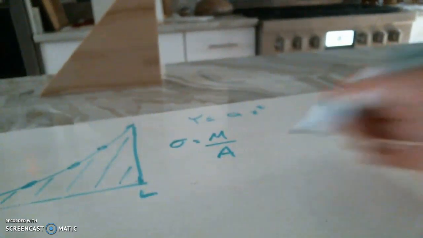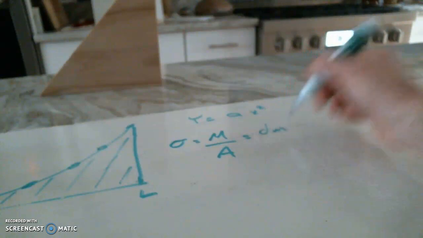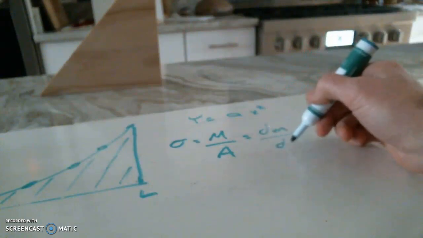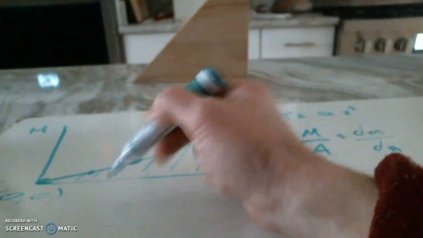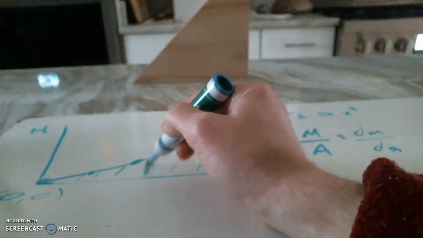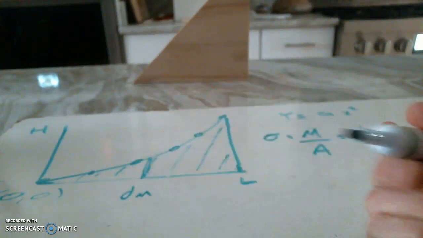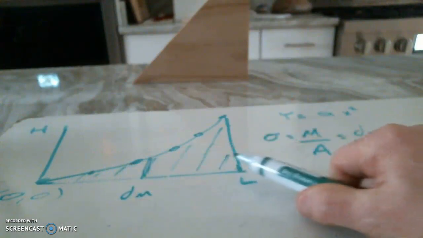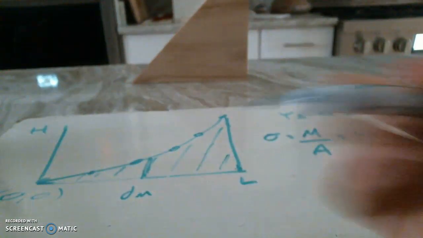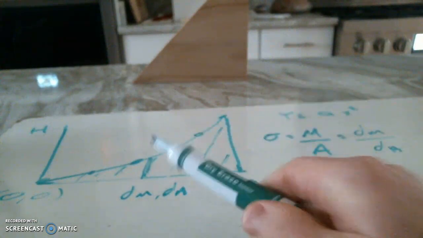Since it's a uniform density, what we will say is that is exactly the same thing as if I were to slice it into differential masses and differential amounts of area. So a differential mass could be this thin little sliver of it right there, that dm. And if I add all of those differential masses up from 0 to L, I'll get the mass whole. It's the same thing if I add up all of those differential areas, if I call that a dA.